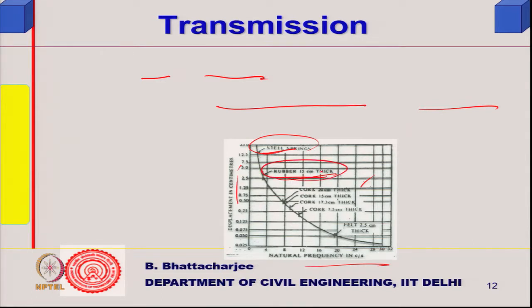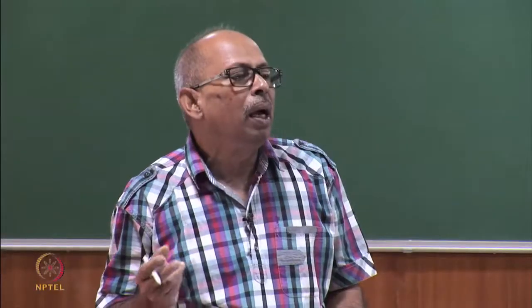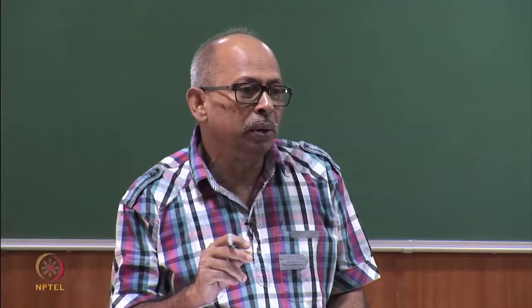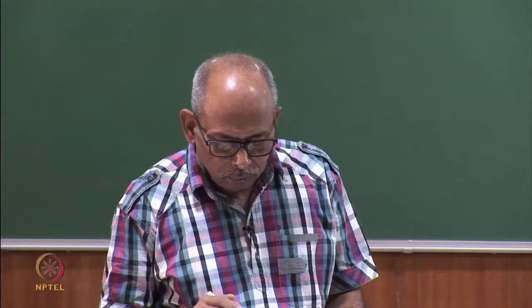They show static deflection per kg or whatever it is. So, for the specific material that you are using and its thickness, you can find out how much its static deflection will be for the given machine load.